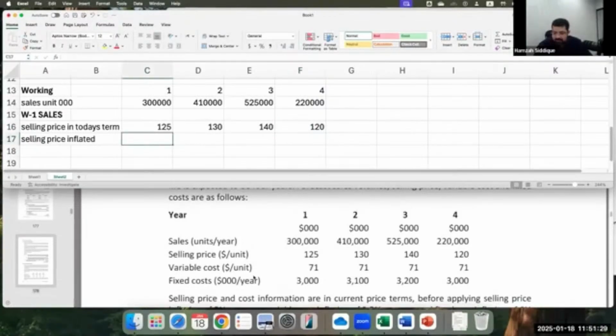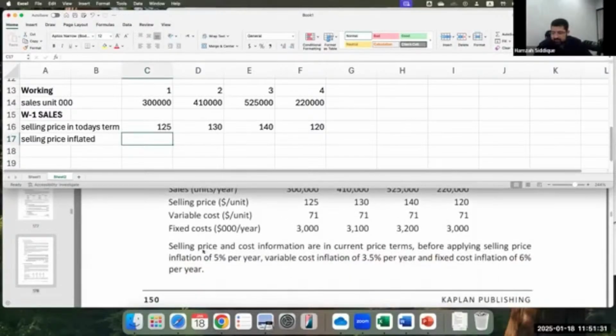So selling price inflation is 5%. You see here, that is equal to this into 1.05 raised to power 1, in today's term, for year 1. Simple.